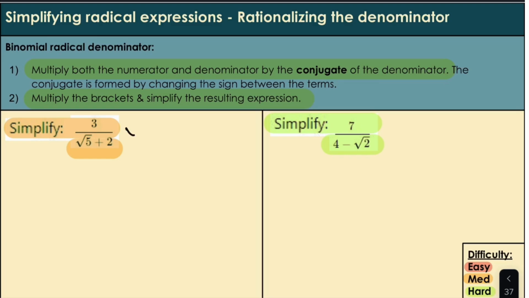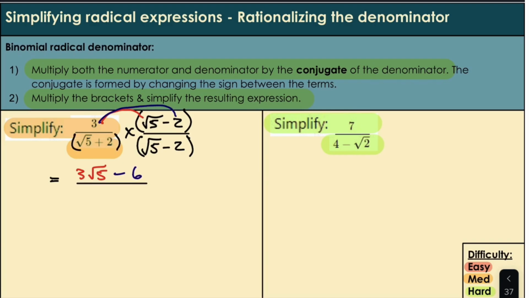So, the conjugate is root 5 minus 2. And we do the same in the denominator. And I just keep that in brackets. 3 multiplied by root 5 is 3 root 5. 3 multiplied by negative 2 is negative 6.